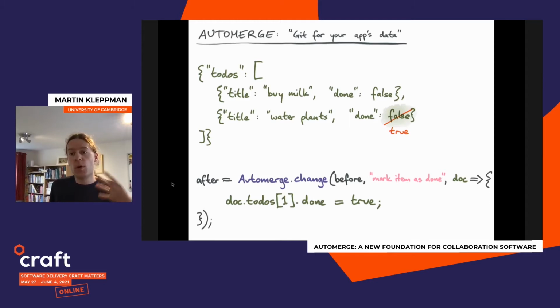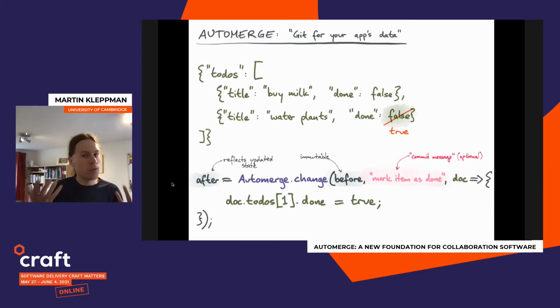Now, Automerge is structured in a certain way that allows us to perform this kind of storage and syncing that I talked about earlier. And so one aspect is that, first of all, we treat the application state as an immutable object. And so you pass in the existing state and you get back a new object containing the updated state. You can also attach a descriptive text describing what change was made.